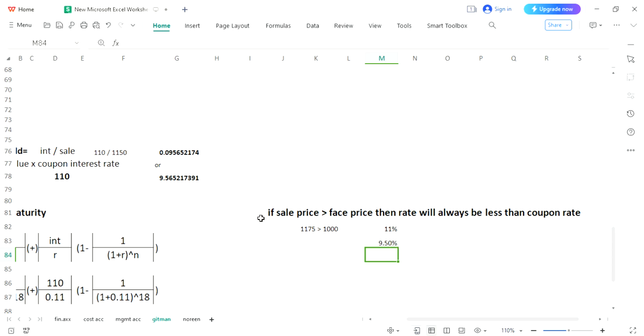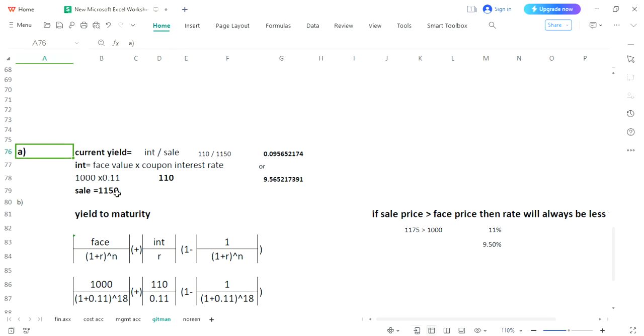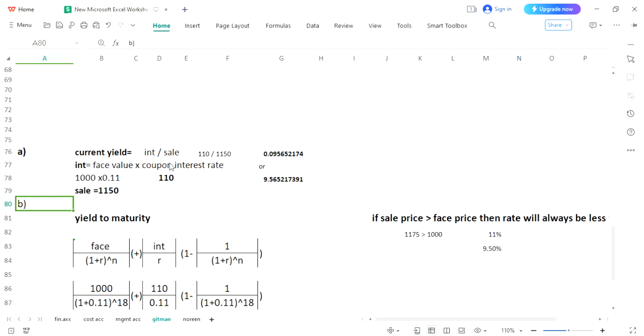This is your C part. To solve this question, there are three parts. In the A part, you have calculated current yield. You must be prepared in extremely good condition so that there is no problem while solving it.